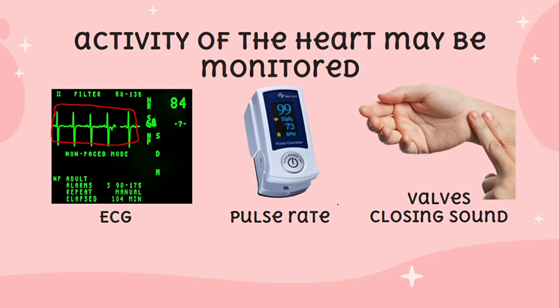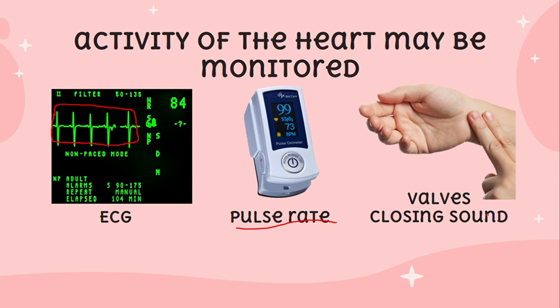Now, going to the other way to monitor your heart rate is by using a pulse rate. Now, the difference between an ECG and a pulse rate is that the pulse rate won't show you the sequence of the heart pumping, or how the heart is pumping with a certain pace. But for the pulse rate, it shows you how many times it would pump and the amount of pressure that is going inside your heart.